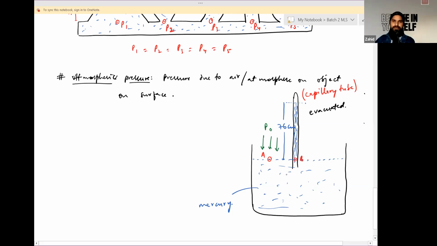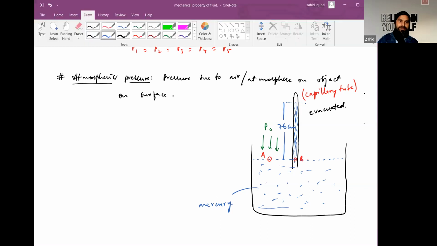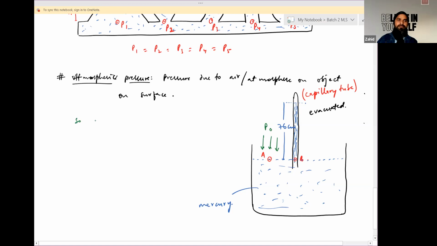So at equilibrium, when there will be no flow from point A to point B, pressure at point A is due to atmospheric pressure, and pressure at point B will be due to its vertical column of mercury. So at equilibrium, pressure at point A equals pressure at point B, and this equals atmospheric pressure.